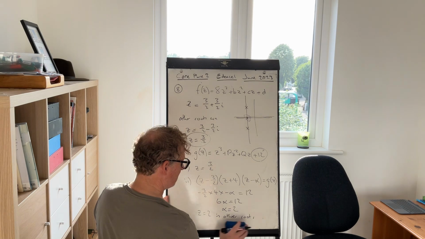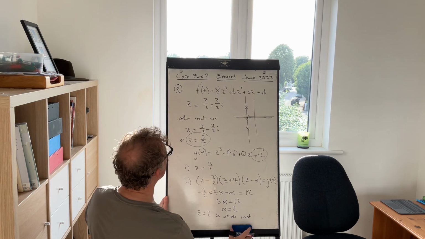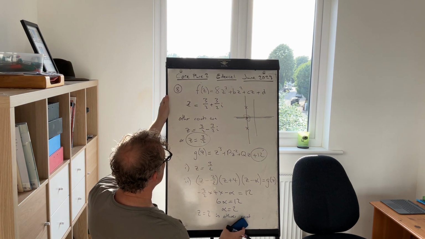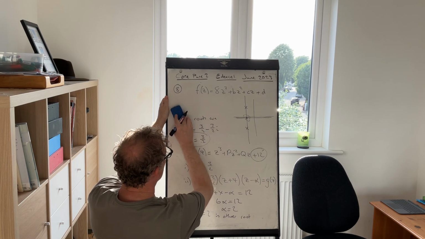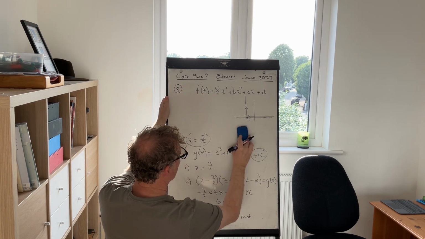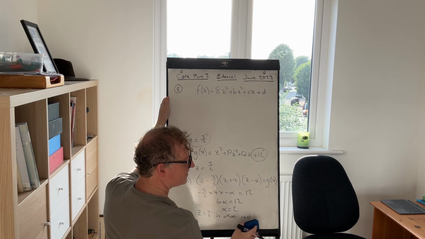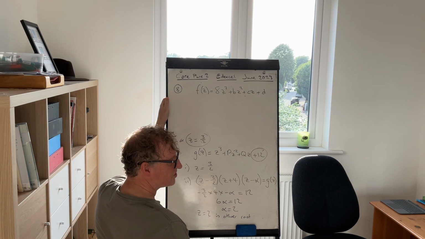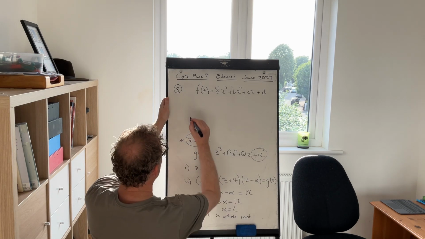Right, and lastly, it says, I'm going to come up here if this is okay. Rub this off a little bit. For part D, hence solve the equation f of z equals g of z.